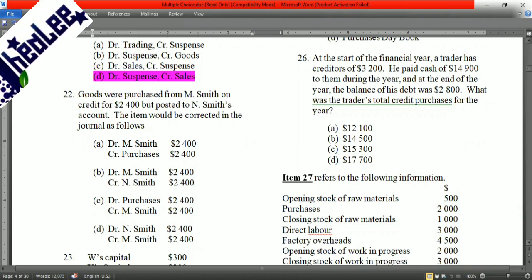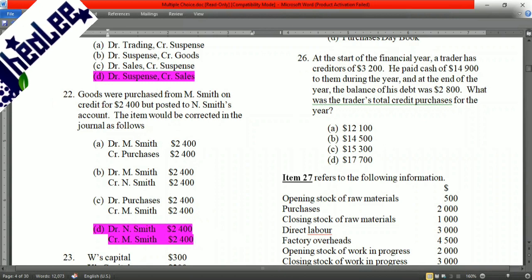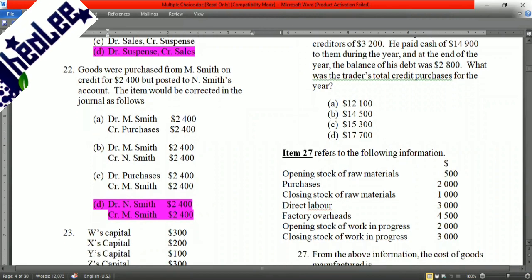So what you do is to take the entry out of the incorrect account by placing the entry on the opposite side to cancel out that. And because goods were purchased on credit, it means that a credit entry was made to N. Smith. So to correct the error, we're going to debit N. Smith and we're going to put the correct entry in M. Smith's account by crediting. So our response there is D.